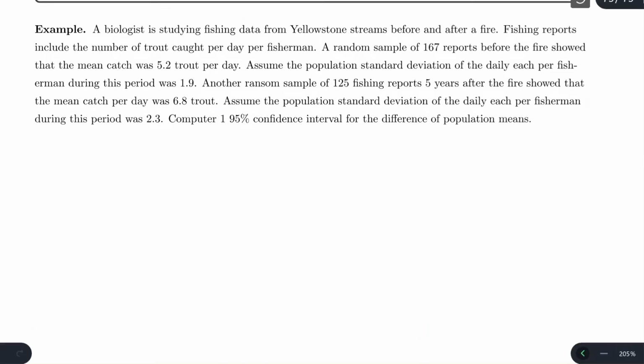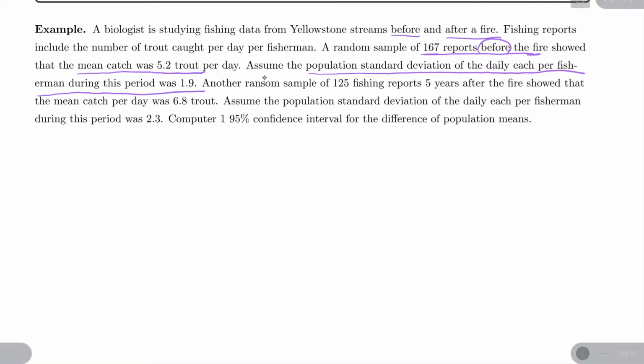Again, when you read a problem, it's important to recognize what the problem is asking. Suppose you're studying fishing data from a Yellowstone stream before and after a fire. Fishing reports include the number of trout per day per fisherman. A random sample of 167 reports before the fire showed the mean catch was 5.2 trout, and assume the population standard deviation of this data before the fire is 1.9.